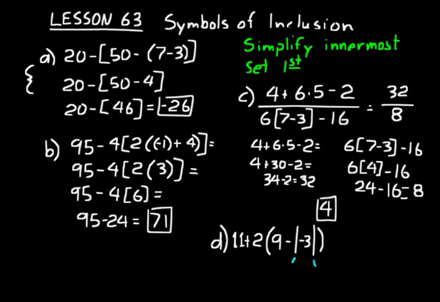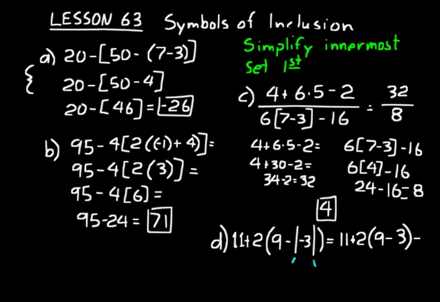I don't have much room below that one, so I'm going to rewrite it to the right here. 11 plus 2, parentheses 9 minus, the absolute value of negative 3 means the distance that negative 3 is from the origin. That would just be 3. So we put a 3 there.